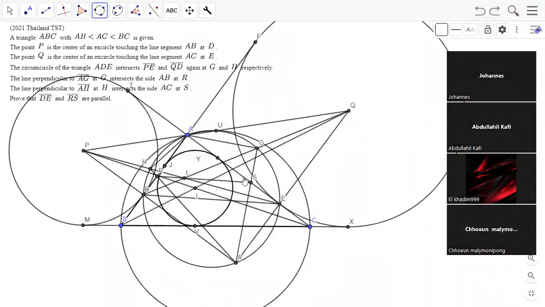So AS, like sine of ASG, that would be AG over AS. Yeah, G is just defined in such a weird way, so it makes this tricky.